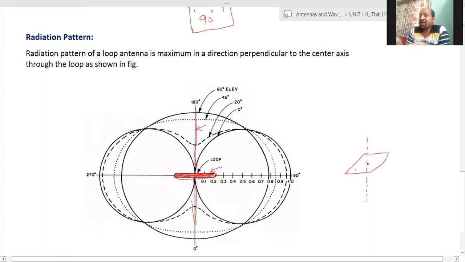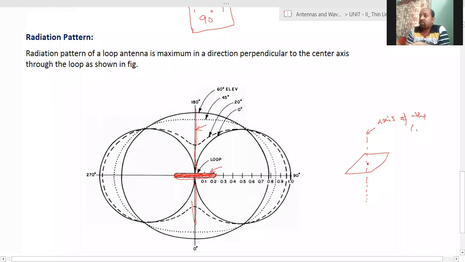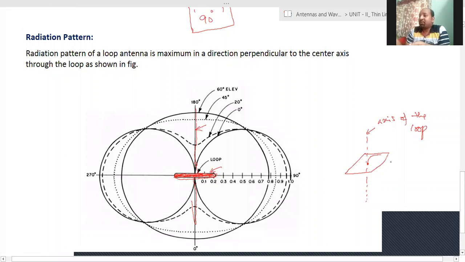The radiation pattern is perpendicular to the axis of the loop. So this is the axis of the loop, and the radiation pattern is perpendicular to the axis of the loop, like this.